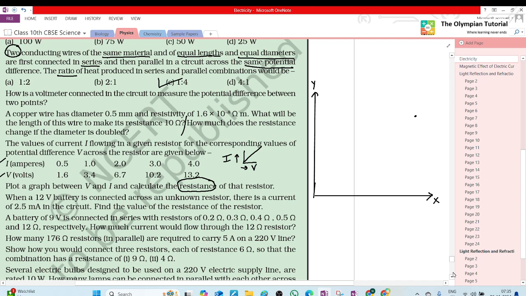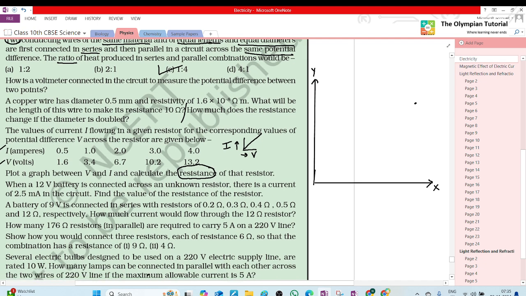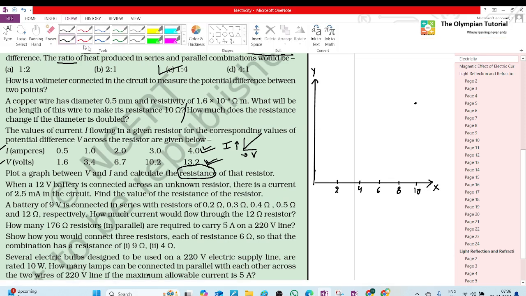Are you getting it? Yes, ma'am. So here on the x-axis we will take potential difference, on the y-axis we will take electric current. On the x-axis you can take 2, 4, 6, 8, 10, 12, and then 14, because the last number is 13.2.